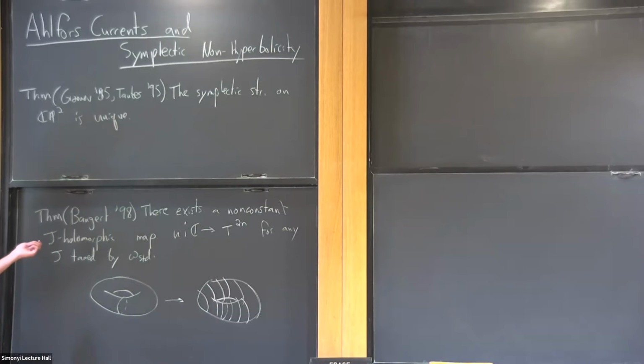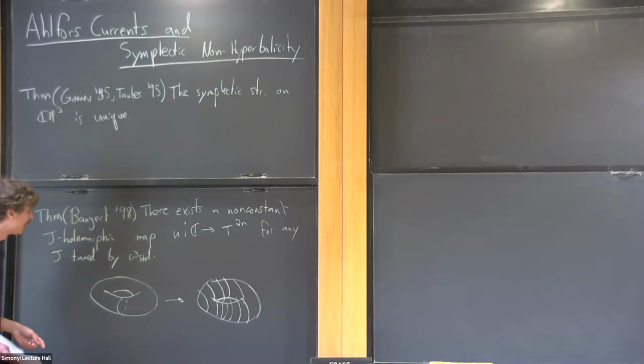And an interesting point about the proof. Bangert is not typically considered to be a symplectic geometer, more a dynamicist. And this argument uses techniques he developed for working on the asymptotic Plateau problem. So it's like a new thing.